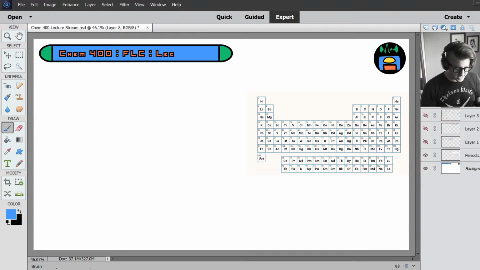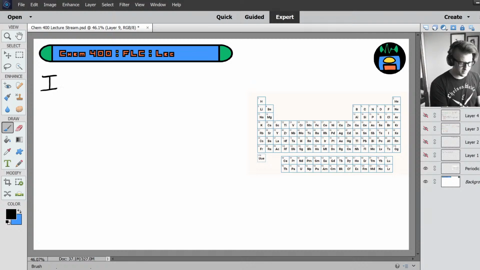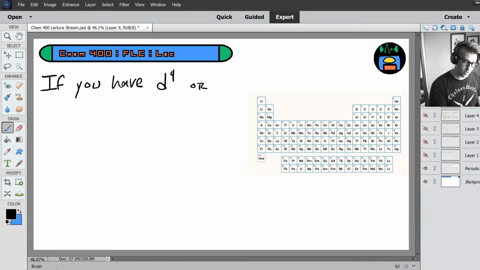For those of you who like to keep an eye out and catch it before you have to do all that business, here's the thing to look for. If you have 4 electrons in the d orbital, or 9, those are the 2 instances.